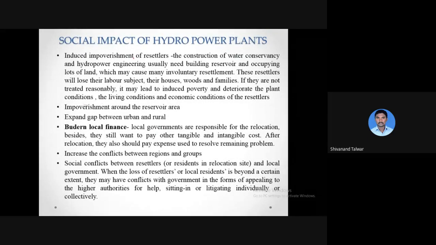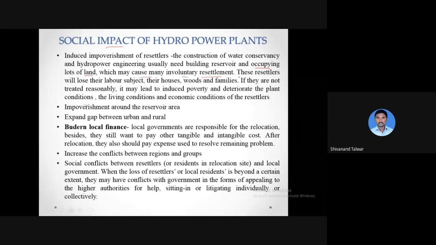Then what will be the social impact of hydropower system? Building the reservoir means they will be occupying more lands. A huge area of land will be occupied, which may cause many involuntary resettlement. Meaning the persons who are staying there, the villages, have to be resettled.